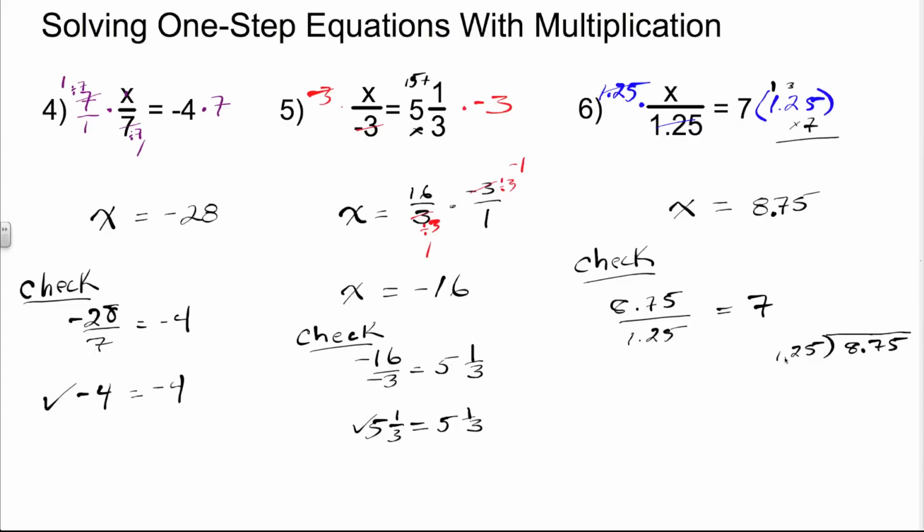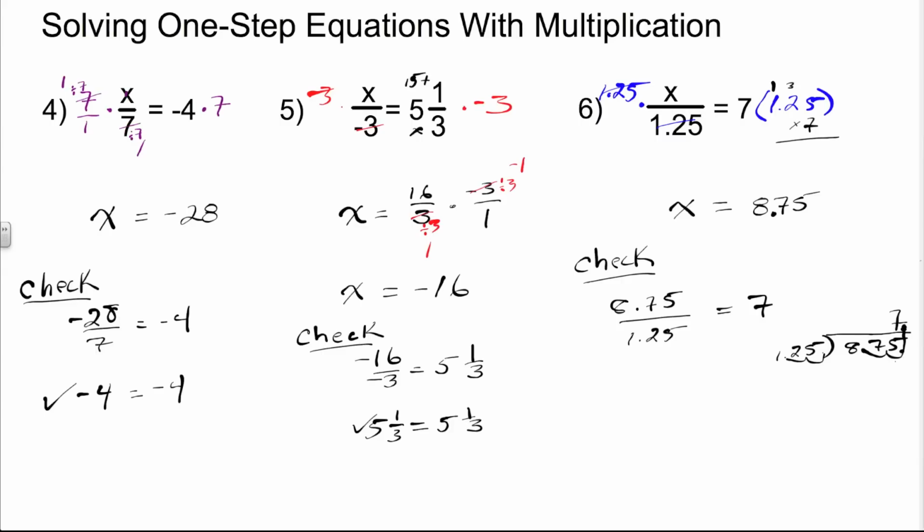Again, with decimals in division, you have to make this a whole number. In essence, by moving that decimal to the right 2 times, I multiply that number by 100. I do the same thing in here. So I'll be dividing 875 by 125, and that actually does go 7 times.